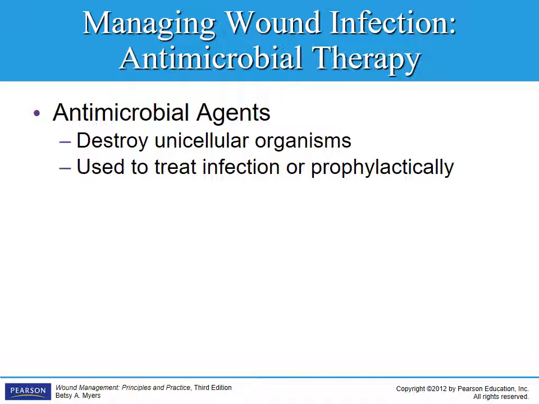For example, on a burn, because you know that you don't have any kind of protection and you have a large amount of wounded area, a large break in the skin surface. The antimicrobial agent can be used prophylactically to prevent bacterial growth on a burn.